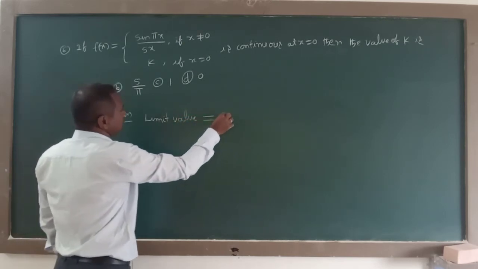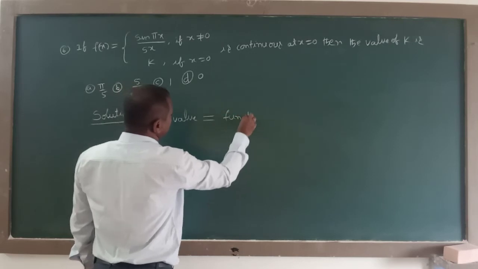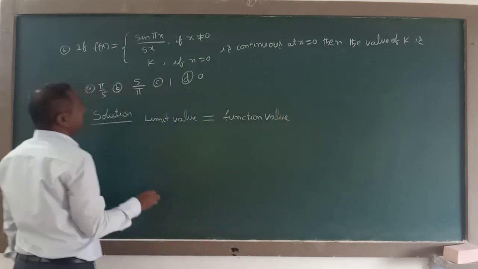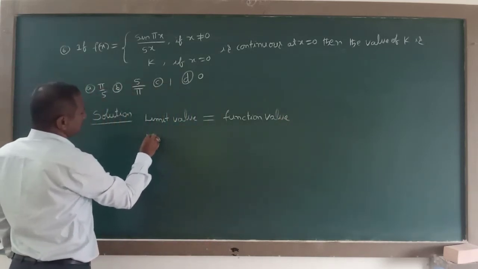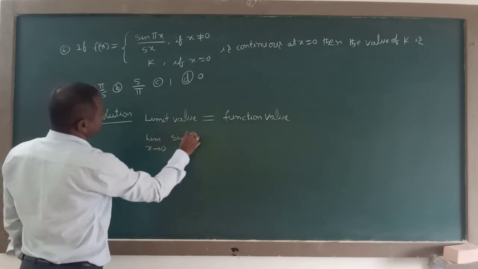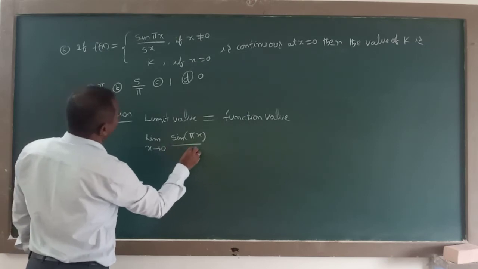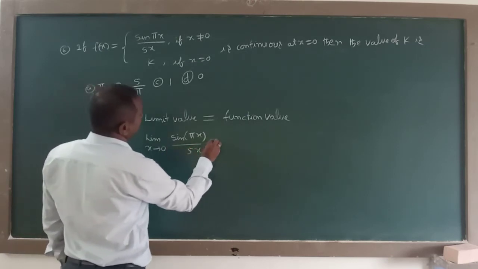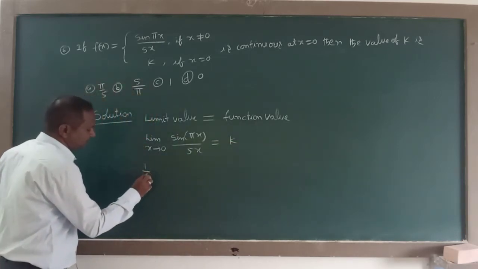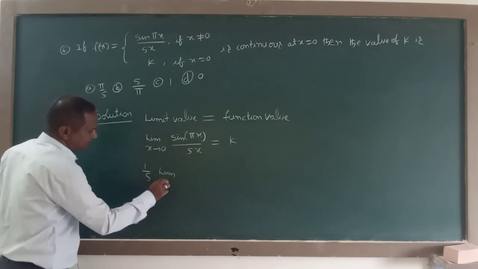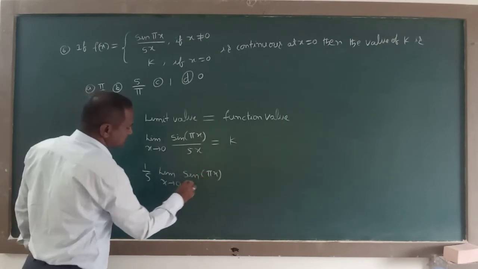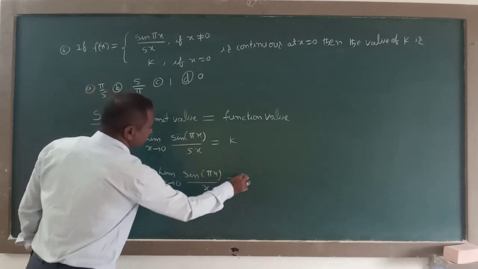Limit x tending to 0 of sine pi x whole divided by 5x is equal to k here. Take 1 by 5 outside, limit x tending to 0 of sine of pi x whole divided by x is equal to k here.